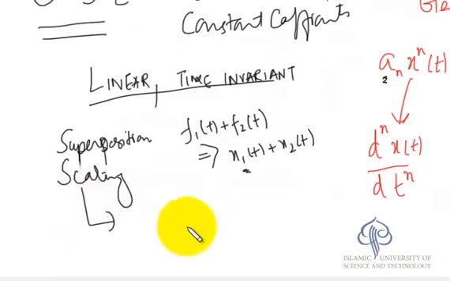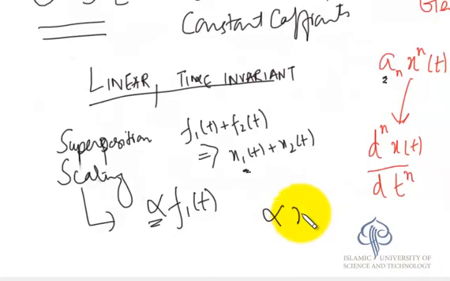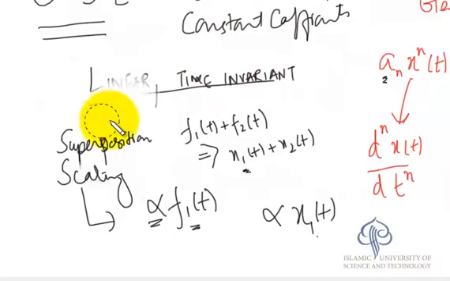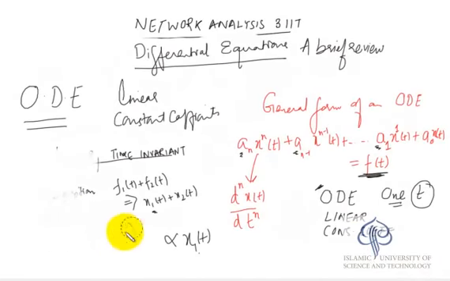Similarly, scaling, so if the excitation is multiplied by some constant alpha, so you have alpha f1(t), the response or the solution also gets multiplied by alpha. So if the response to f1(t) was x1(t), the response to alpha times f1(t) is alpha times x1(t). So that is the definition of a linear differential equation. The property of superposition and the property of scaling is satisfied.